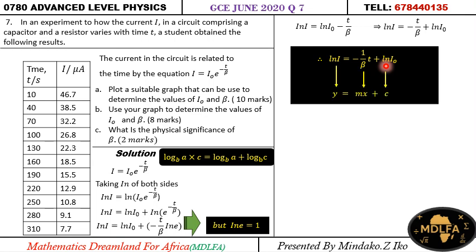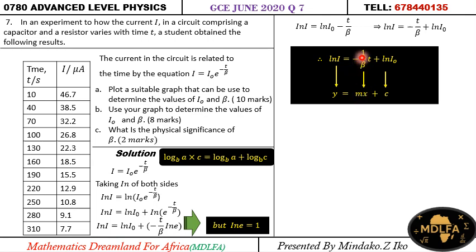We know that the equation of a straight line is y equals mx plus c. This is the general equation of a straight line. So if we compare this equation with this other one up here, it means that the graph is going to give us a straight line too. That is why we have y equals mx plus c, where c is a constant and it is the y intercept, and m, which is the gradient, is also a constant.